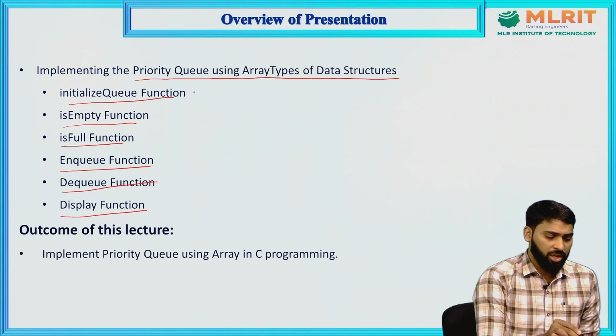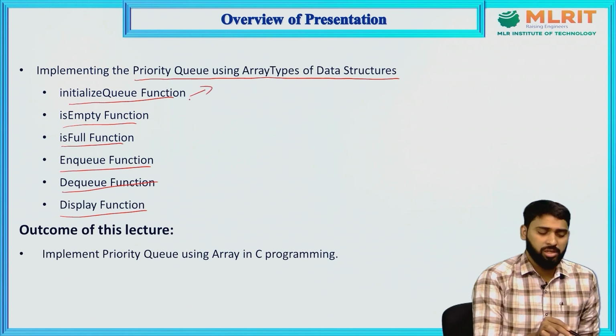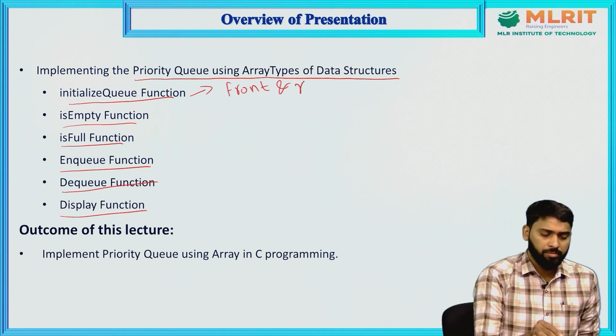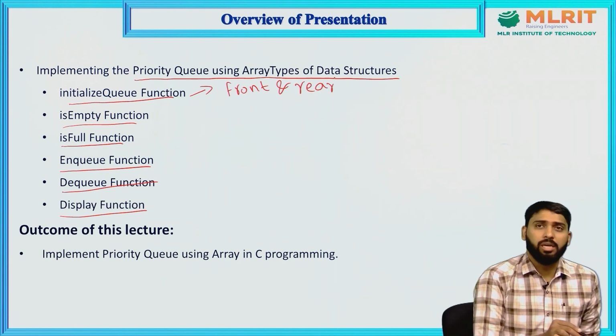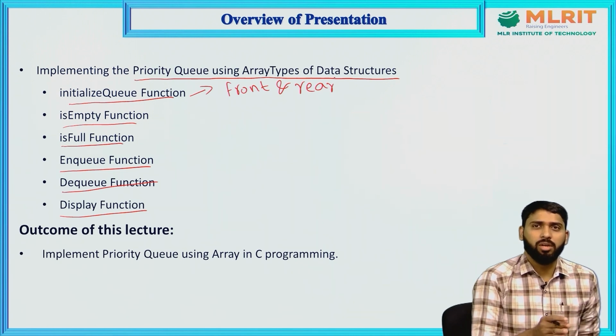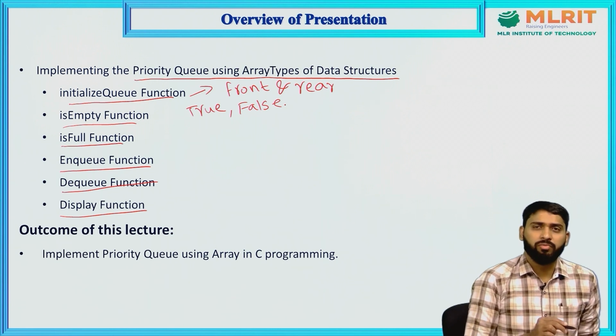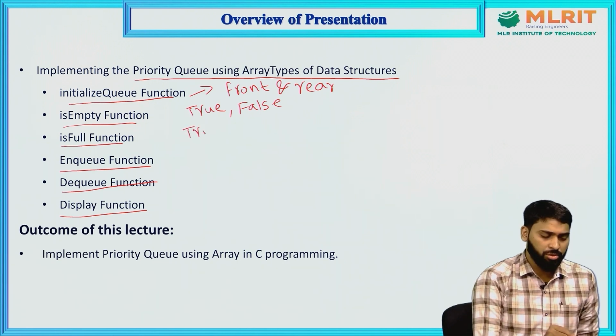The initialize function is to initialize front and rear. The isEmpty function is used to check whether the queue is empty or not. If it is empty, it returns true, otherwise it returns false. Similarly, the isFull function: if the queue is full, it returns true, otherwise it returns false.